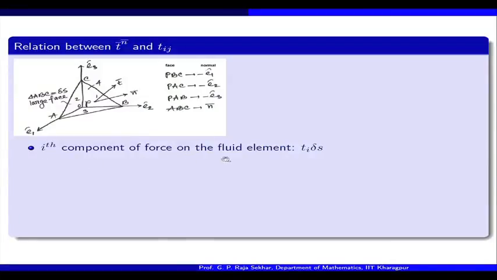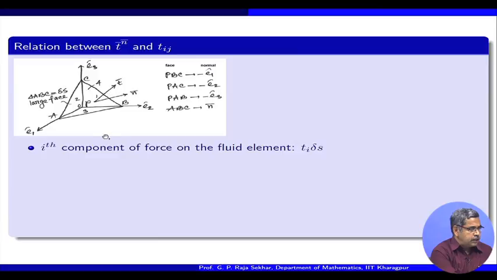The approach is very standard. We sum up the forces in a particular direction and then take the limit as the volume element shrinks to a point. Let us consider the ith component of force on the fluid element. Since T is the stress, the ith component is the stress vector multiplied by the corresponding surface.